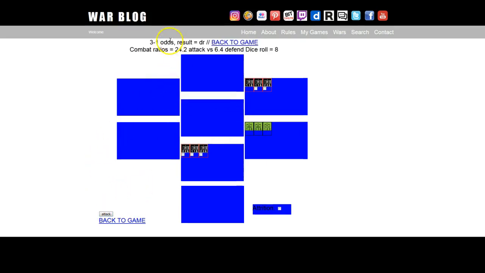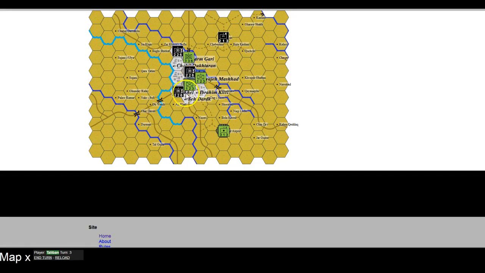Yeah, we got our 5s and push them back with a DR. Pushing them back into there. Oh no, push them back into there. But now they're worth 7, which means you can't attack them.